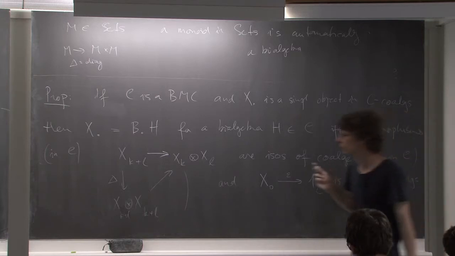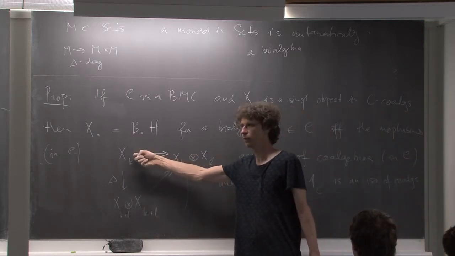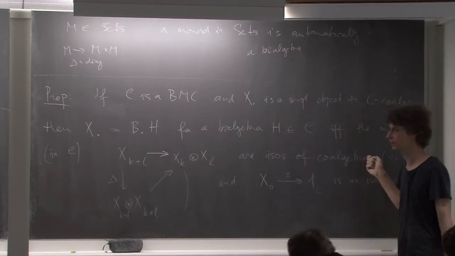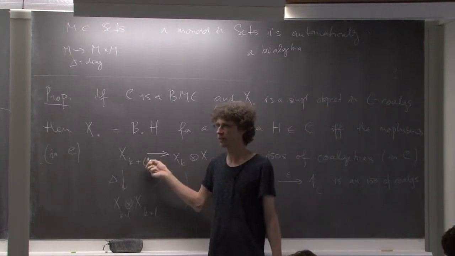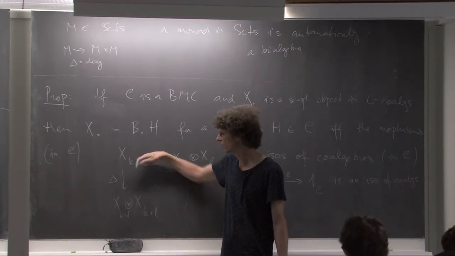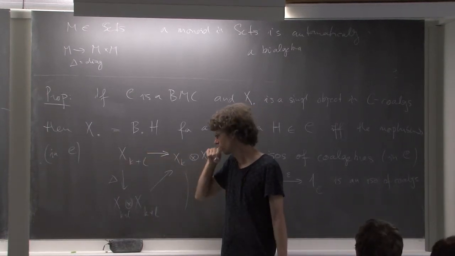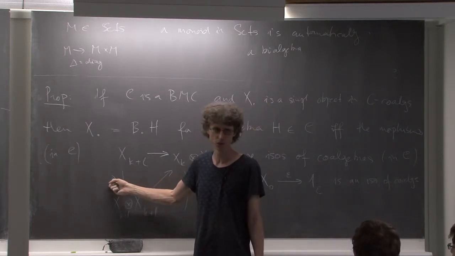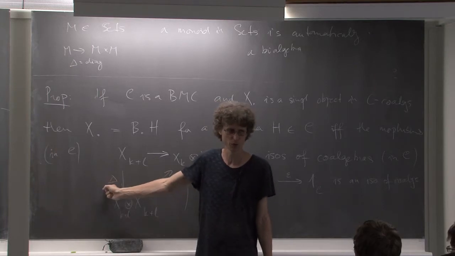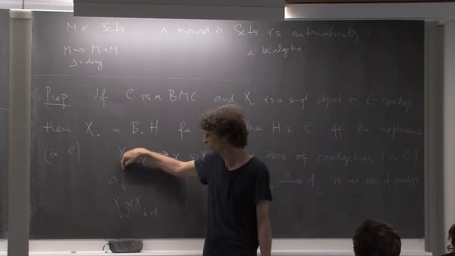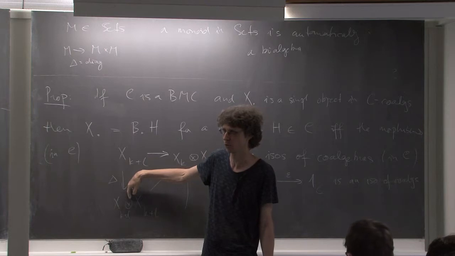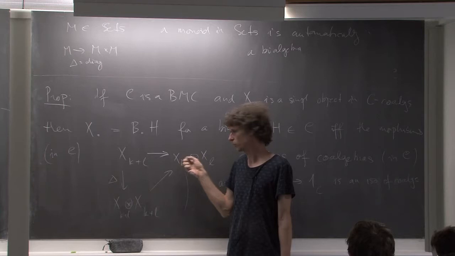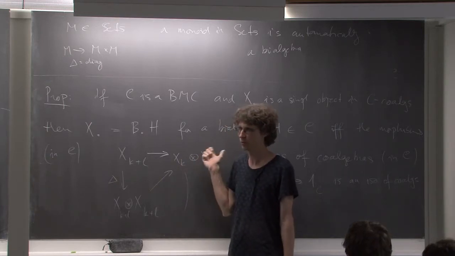There's maybe a little remark. You see, here I want this map to be an isomorphism of coalgebras. That's a slightly less trivial statement than it looks like, because the problem is that delta itself, in general, is not going to be a morphism of coalgebras. So this is not a morphism of coalgebras in general. Well, these things are morphisms of coalgebras because X is a simplicial object in coalgebras.